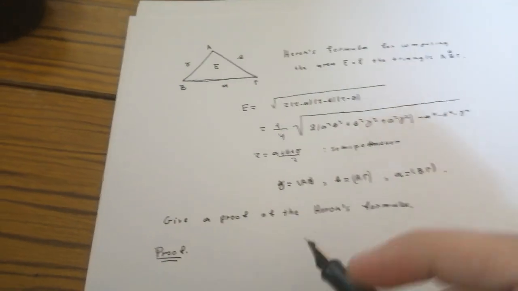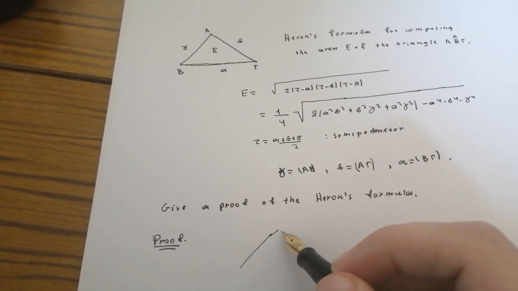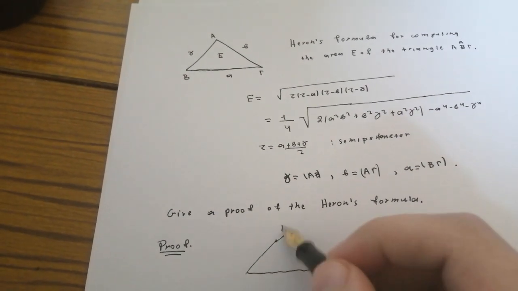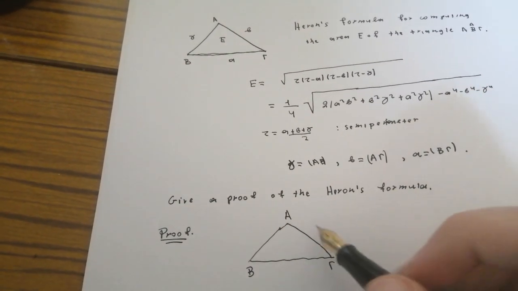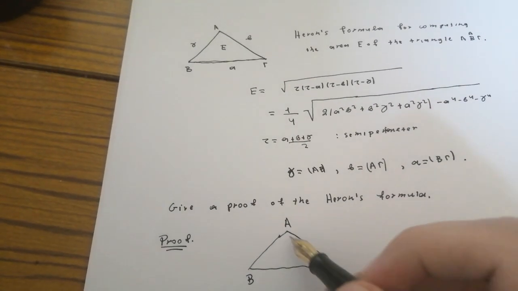So what we do, first of all, is draw the triangle. Let's take the vertex A and draw a vertical line.